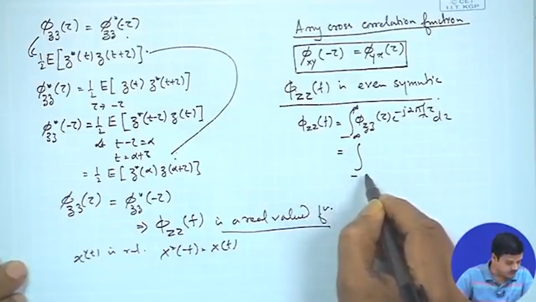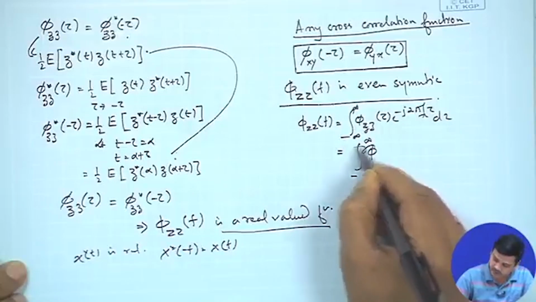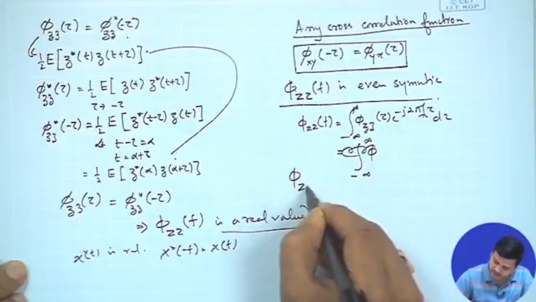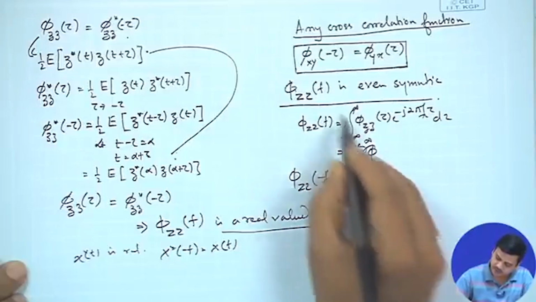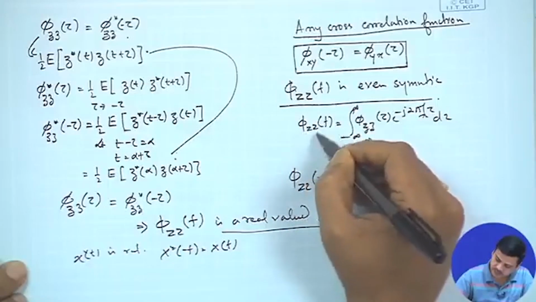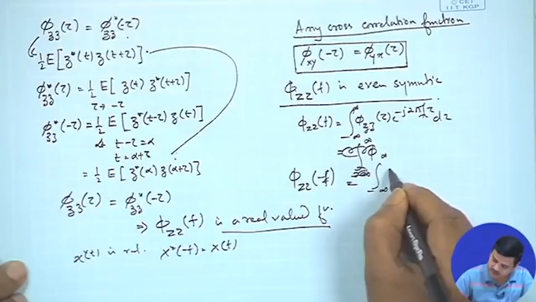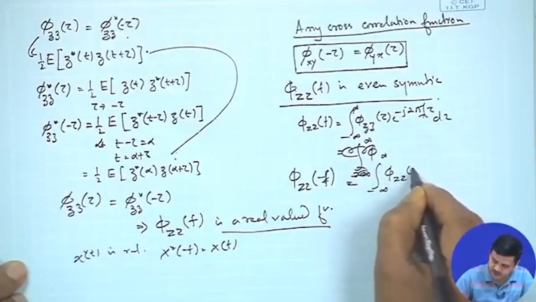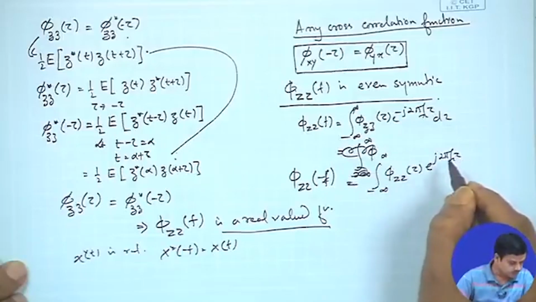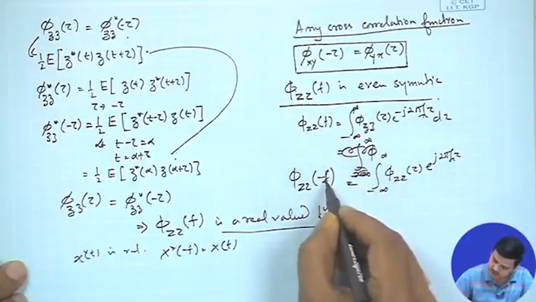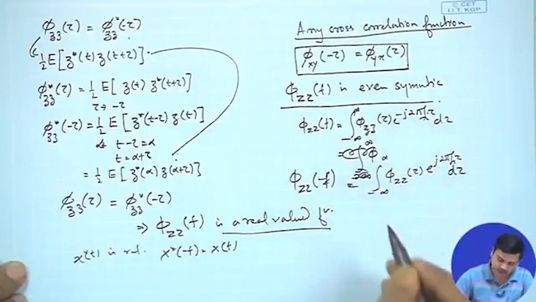At this point we will calculate phi zz of minus f, because for even symmetry we need to prove phi zz of f is equal to phi zz of minus f. So the integral from minus infinity to infinity of phi zz of tau e to the power of j 2 pi f tau d tau. We have simply changed f to minus f, and this becomes plus.